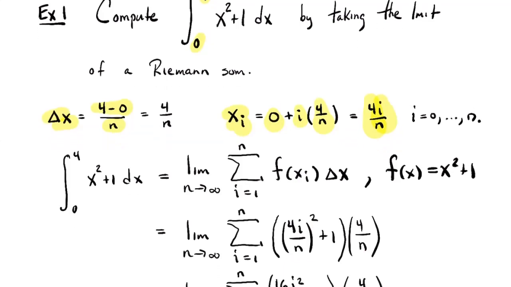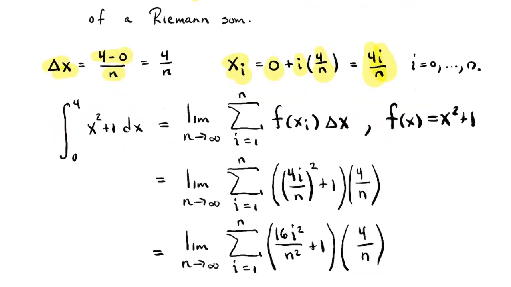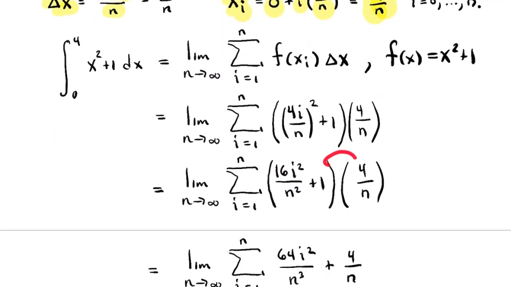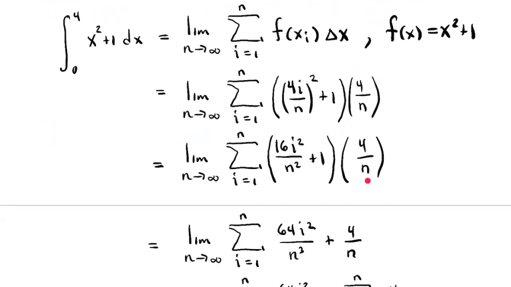Now I'm just going to do some algebra with you, one line at a time. (4i over n) squared is 16i squared over n squared. That's all I did in that line. And now I'm going to distribute the 4 over n. So 4 over n times 16i squared over n squared gives me 64i squared over n cubed. Multiply it by 1 and you get 4 over n.